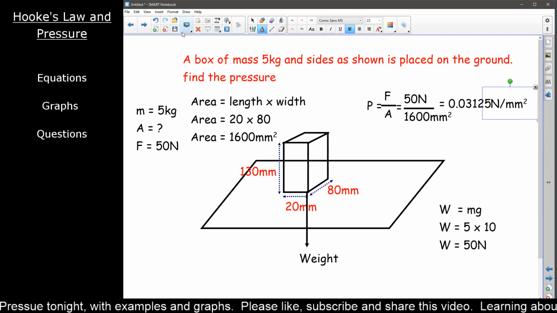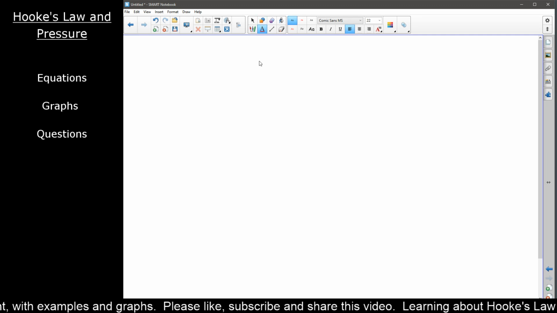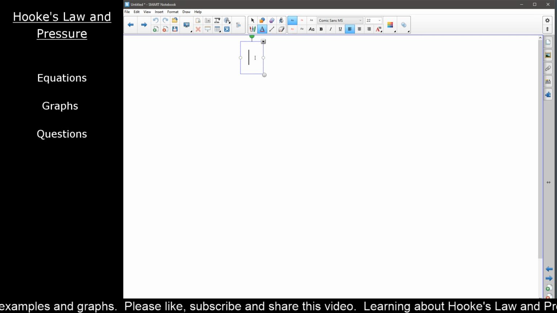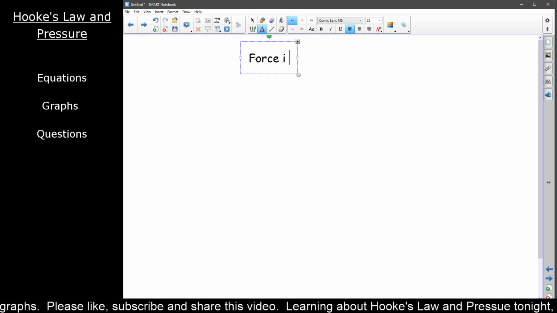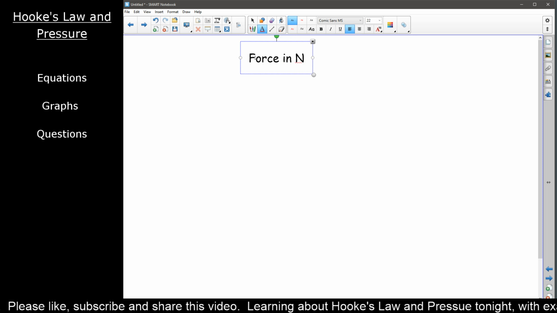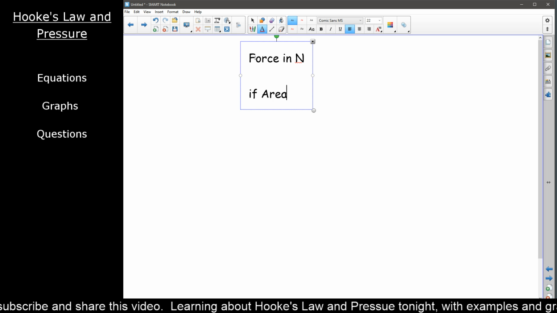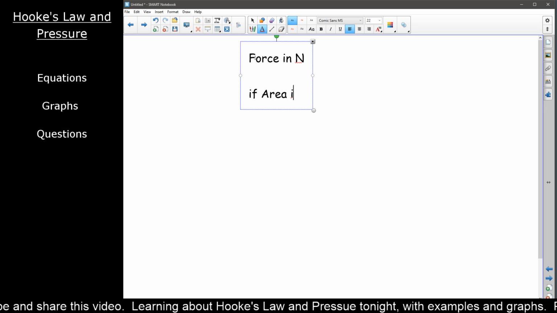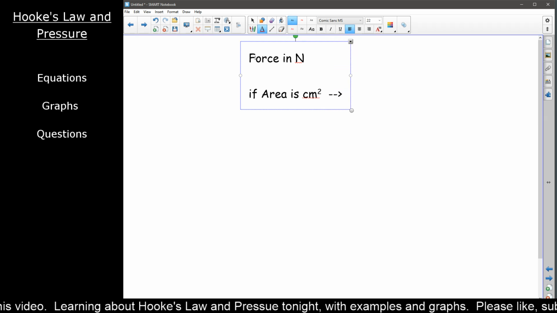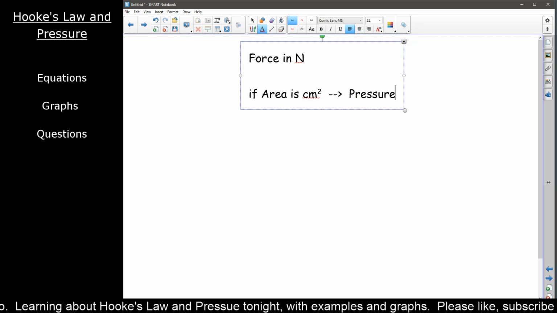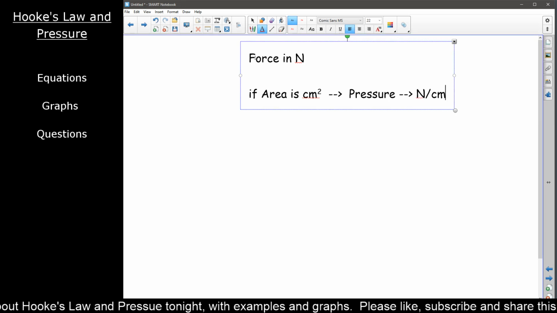The only exception here is that there's a little bit of a convention. All right, if you have your force, it's always going to be in newtons. So force in newtons. Now we play if games. If area is centimeters squared, then pressure is going to be in newtons per centimeter squared.